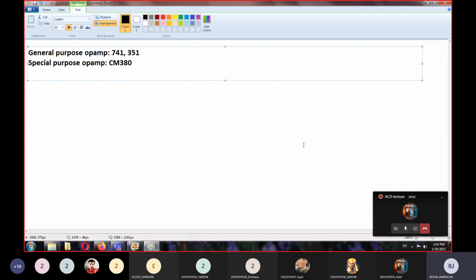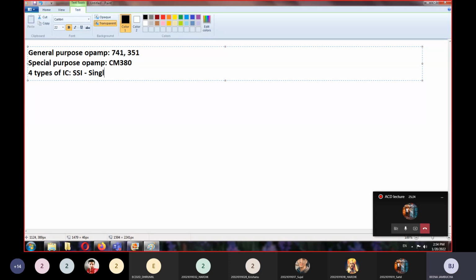Now the types of IC. Mainly there are four types of IC. The first is known as SSI. Does anybody know the full form of SSI? Anybody? No?